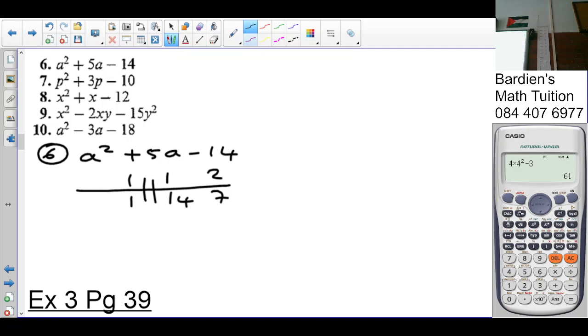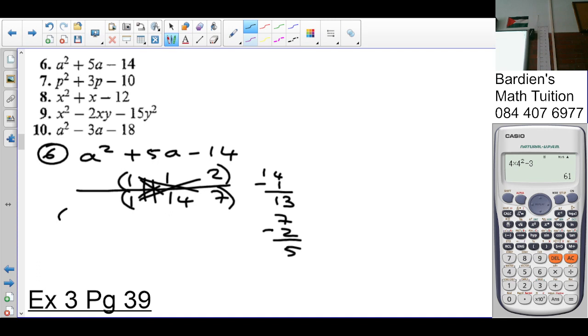Do we add or subtract the products? Subtract. So what's 1 times 14? 14, 1 times 1 gets 13. I'm looking for 5. 1 times 7 is 7, 1 times 2 is 2, subtract to get 5. So in other words, it's a 1 and a 2, a 1 and a 7.